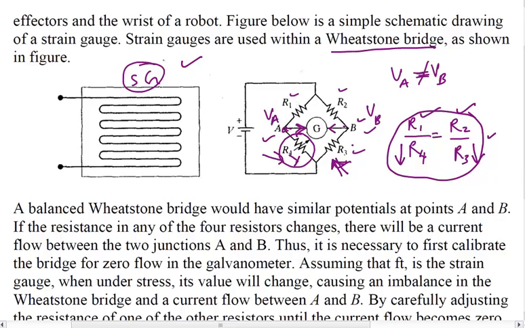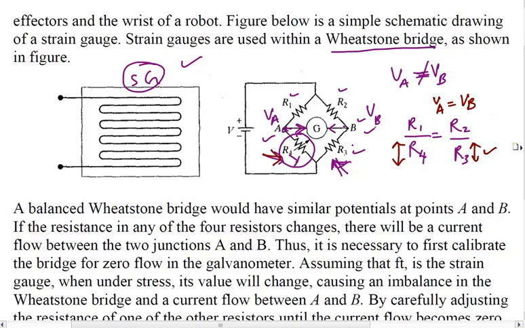So what are we doing here? In this equation, we know that the strain gauge will change according to the value of strain. It may go down or it may go up. Whenever there is a strain applied to R4, I will try to change R3 so that the galvanometer is not moving, or VA is going to be equal to VB.